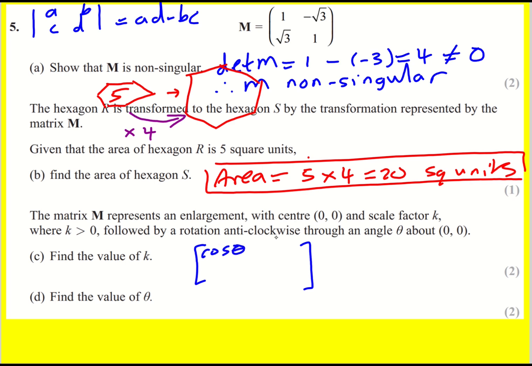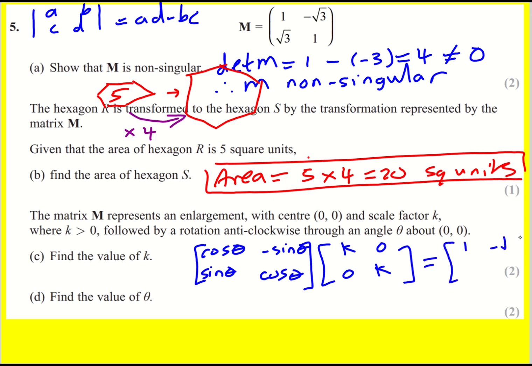Rotation by theta is cos theta, sine theta, minus sine theta, cos theta. Quite a nice one to try and memorize if you can. An enlargement scale factor k is k 0, 0, k. And that, remember, is equal to 1, minus root 3, root 3, 1.